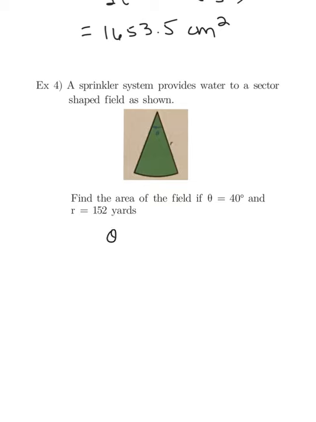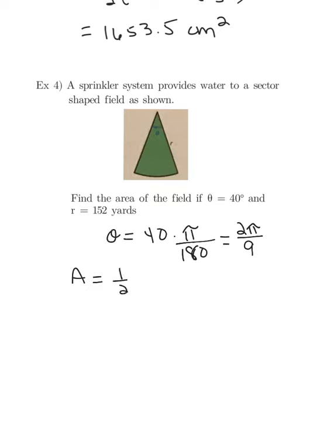So we're going to convert theta into radians by taking 40 times pi over 180, multiply and simplify, we get 2 pi over 9. So now we have our theta in the correct units in radians. We can find our area.